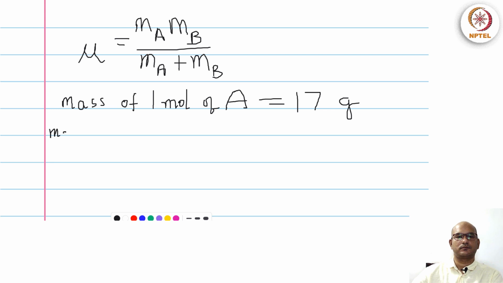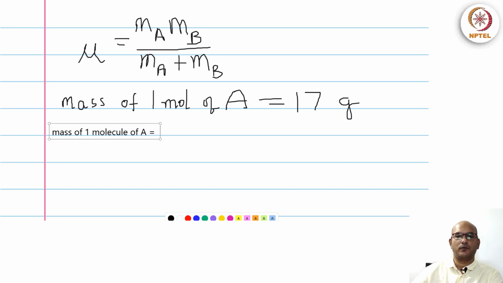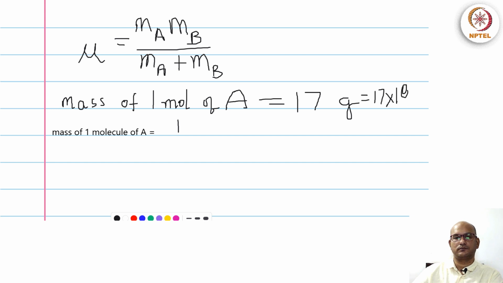So this 17 grams is basically 17 into 10 to power minus 3 kilograms.